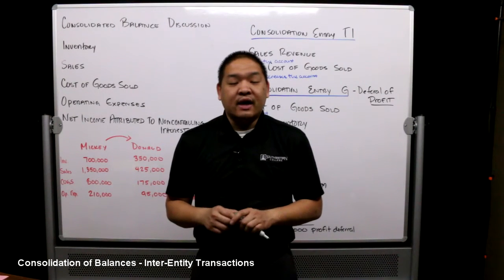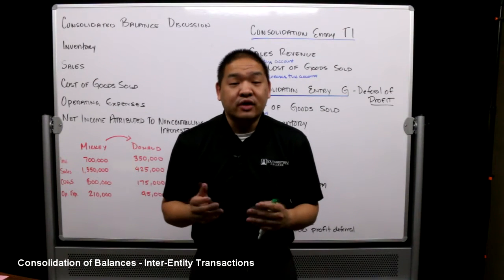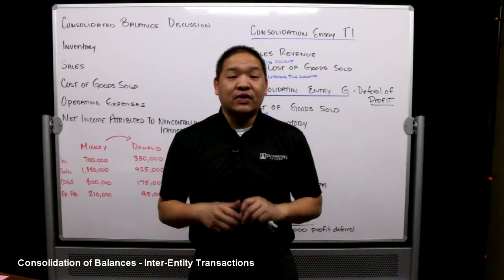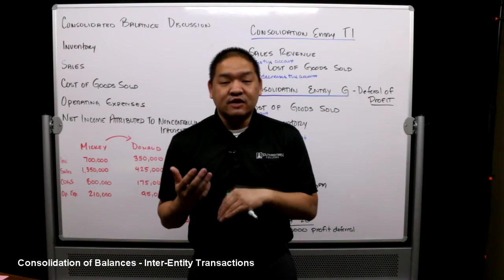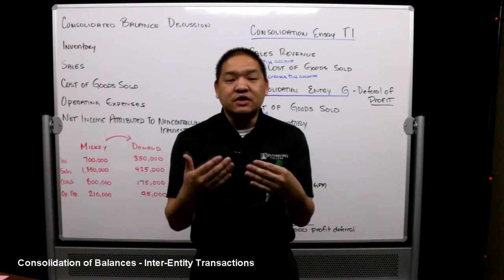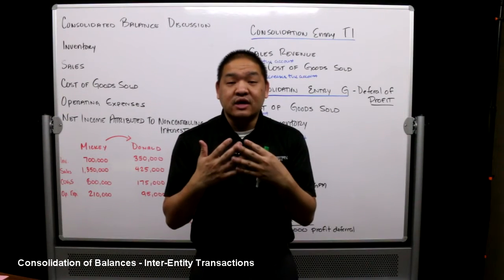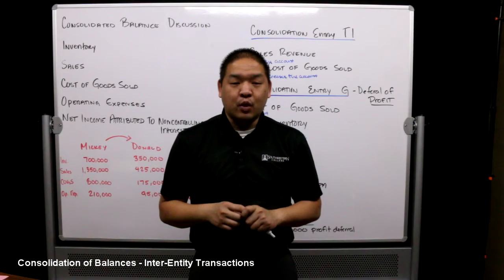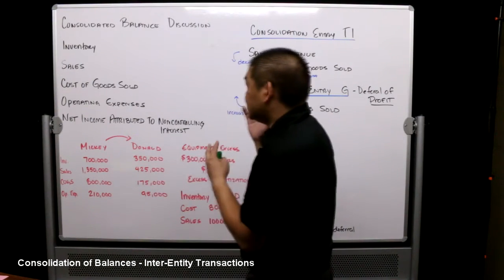In addition, the company cannot sell its own inventory to itself, because if it did, they could manipulate sales revenues and cost of goods sold just by selling that inventory back to themselves. So we have to eliminate that, because from a consolidation standpoint, the parent and the sub are one company, not two separate. Okay, and so that's what we're trying to do here.